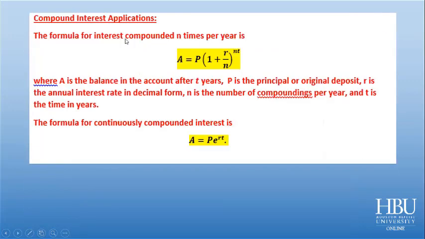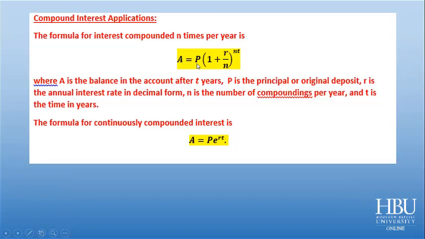Here are some applications for exponential functions. If you put money in the bank and it's paying you an interest rate compounded n times per year, and you want to know how much money will you have, the amount in the account after t years is given by this formula.